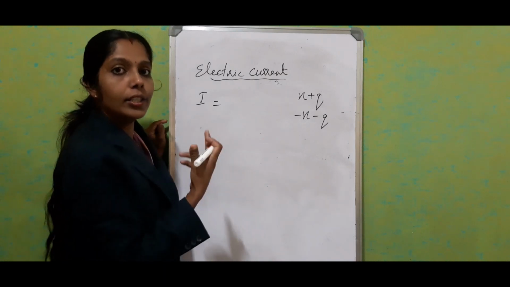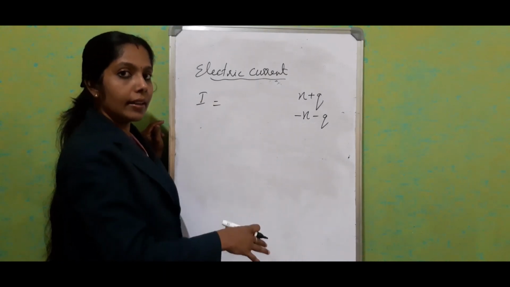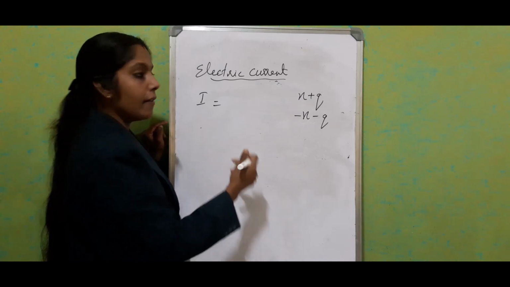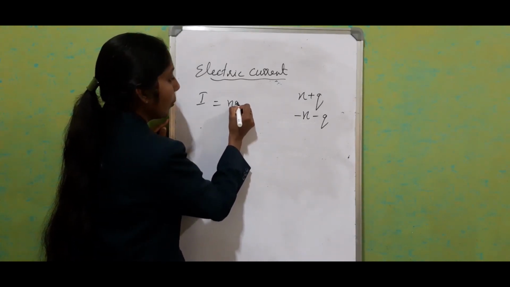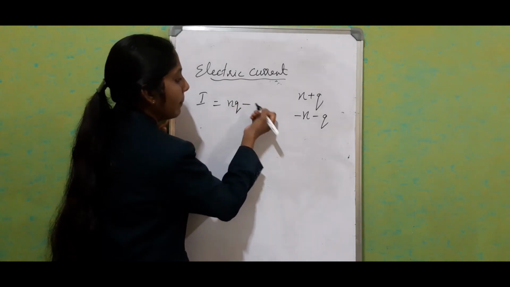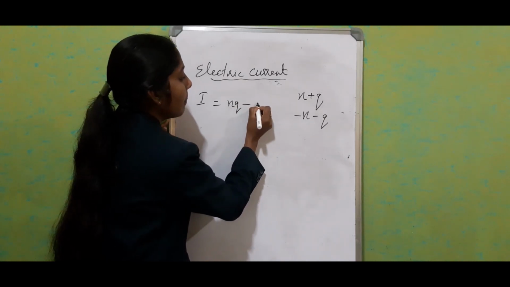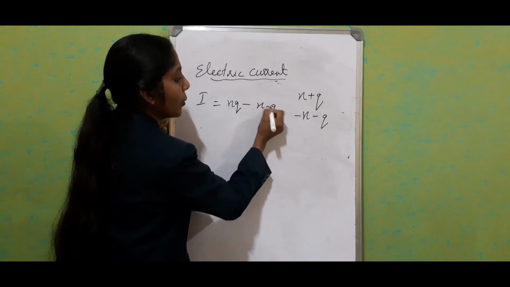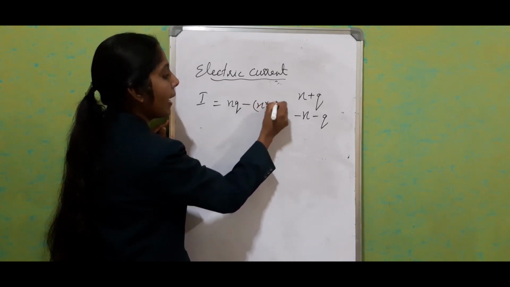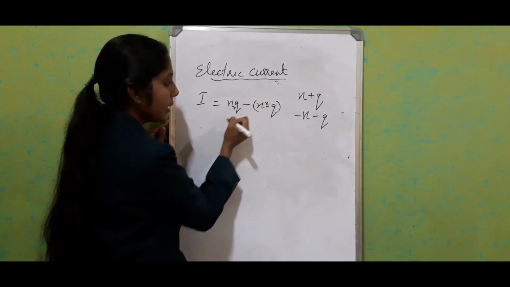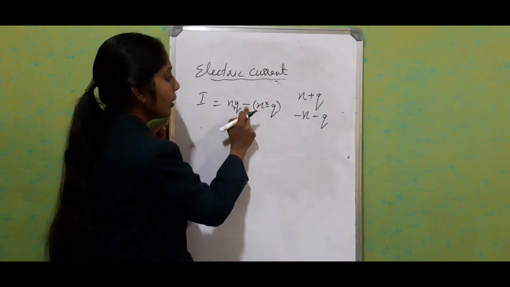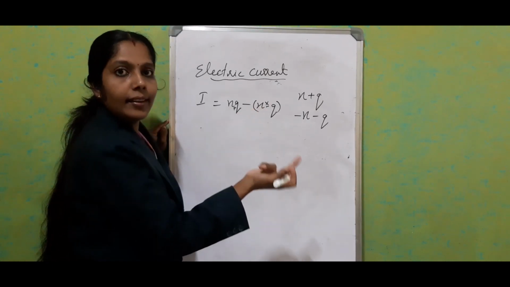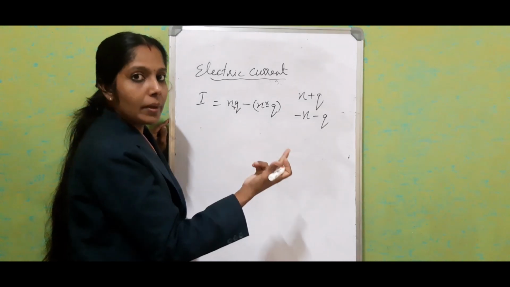So the total current available in the electrolyte can be found by N into plus Q minus N into minus Q. Here this is plus Q, so N plus Q minus N minus Q. This minus and minus, if you multiply, will become positive.